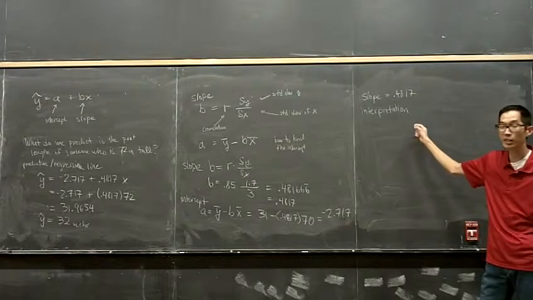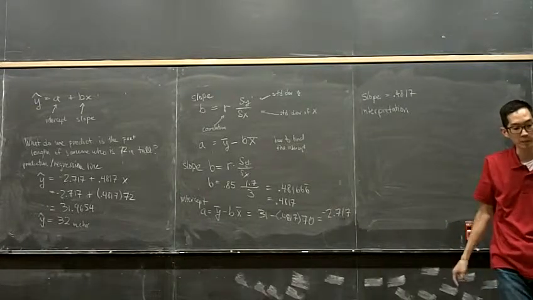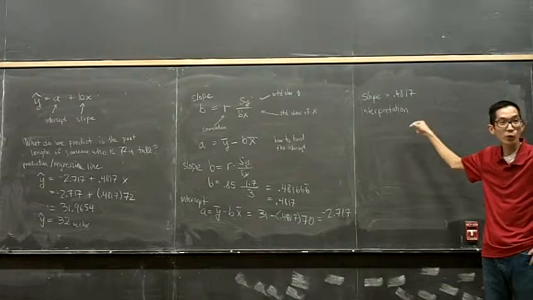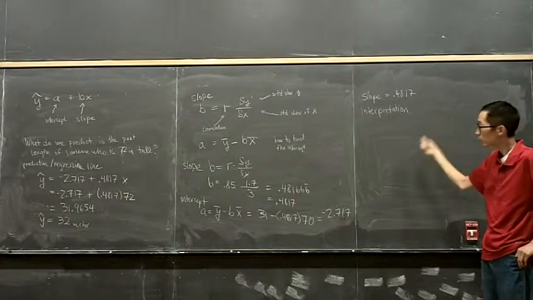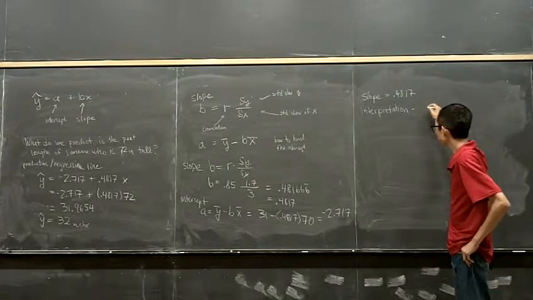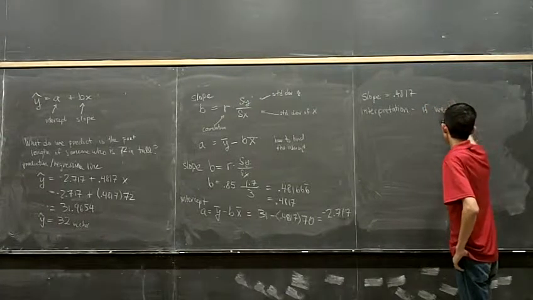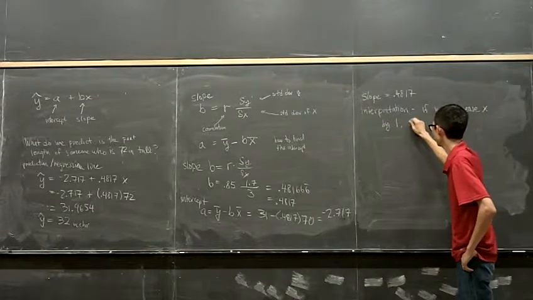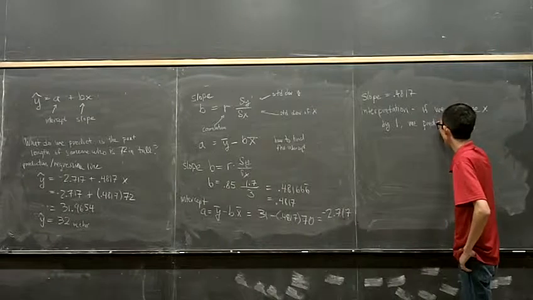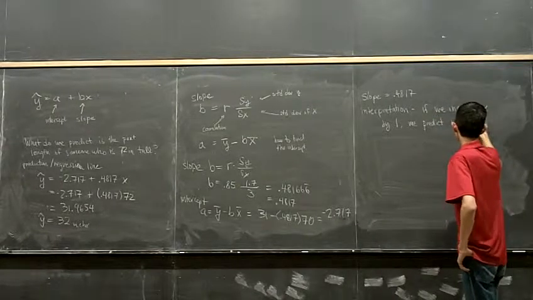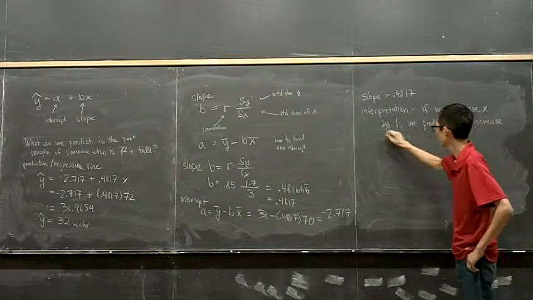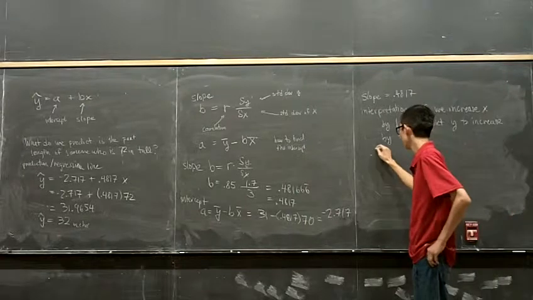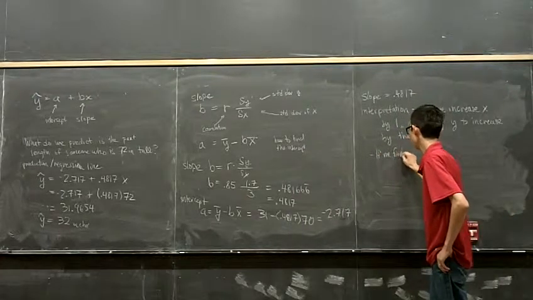Yeah, it means if we pick a different person who's 1 inch taller, okay? So the interpretation of the slope is if we increase x by 1, our prediction for y increases by the slope.